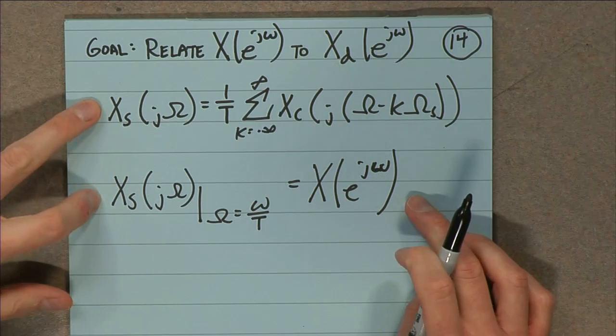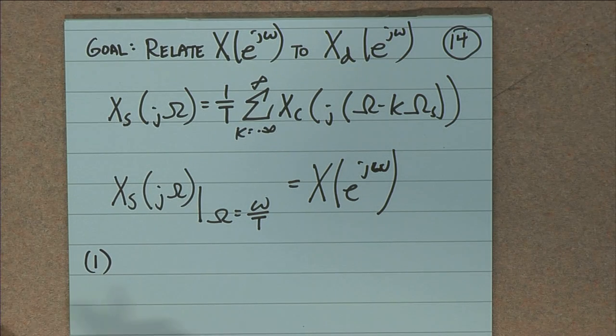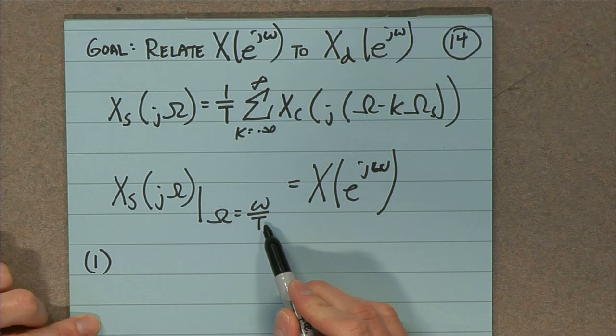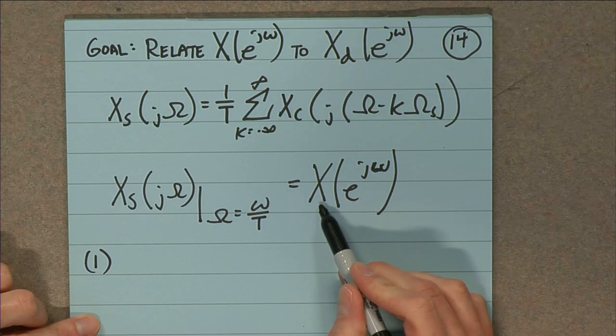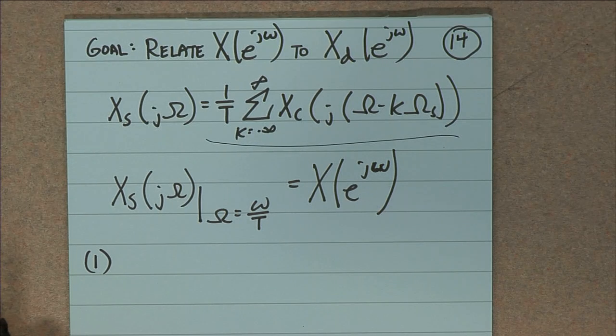So when we use these two together, here's our starting point. Let's substitute everywhere we see capital omega, this small omega over capital T. So now we have an expression for X(e^jω) that really looks like this, and that's how we're going to start off.